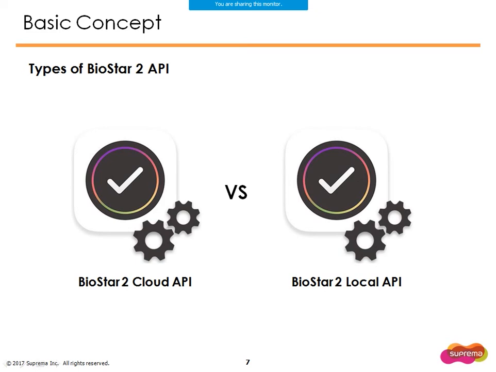However, in case of Biostar 2 local API, you should separately install the Biostar API server on the local PC where the Biostar 2 server has already been installed. To sum up, local API is called without cloud.